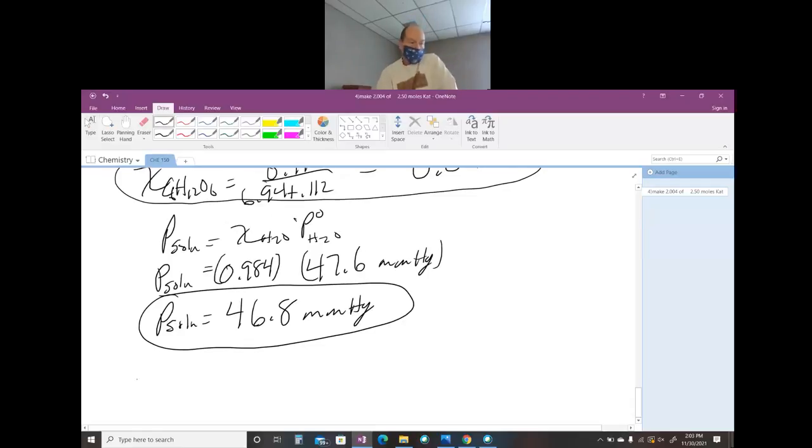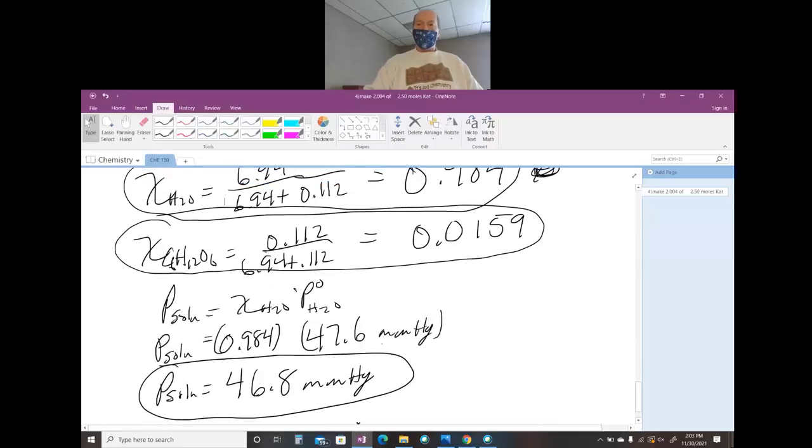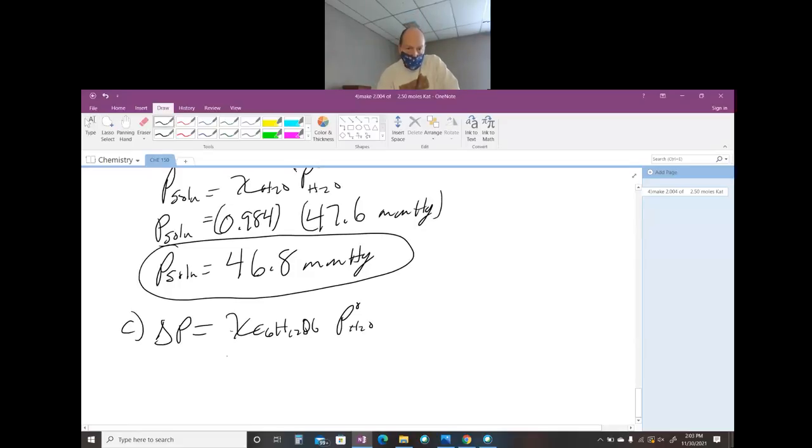All right, and so part C is calculate the vapor pressure lowering, delta P. Well, that's the mole fraction of your C6H12O6, your sugar, times the pressure of pure solvent. We have that number right there. We have the mole fraction, which is 0.0159, and we have the pressure of pure water, that's the 47.6.